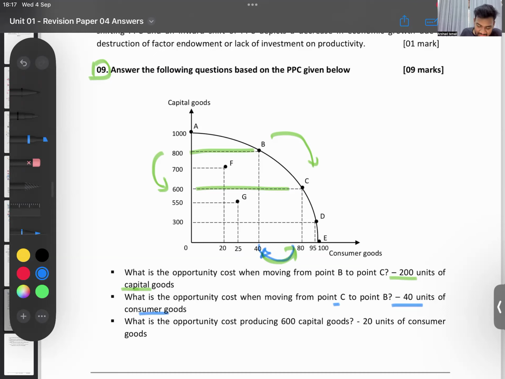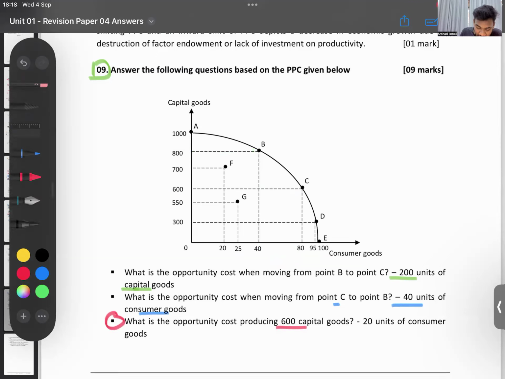Then the next one is asking, what is the opportunity cost of producing 600 capital goods? Because you're producing 600 capital goods, how much of consumer goods can't you produce? When you're producing 600 capital goods, you can produce 80 consumer goods. How much of consumer goods can't you produce?